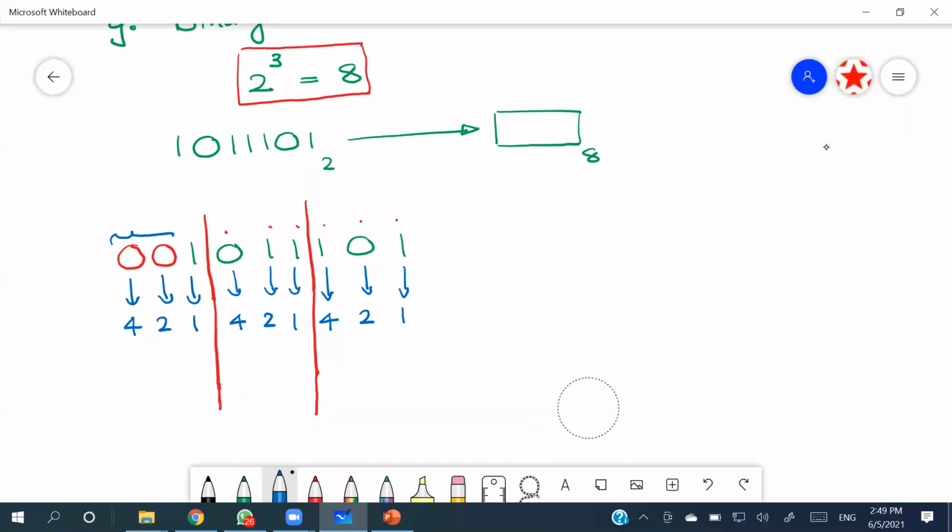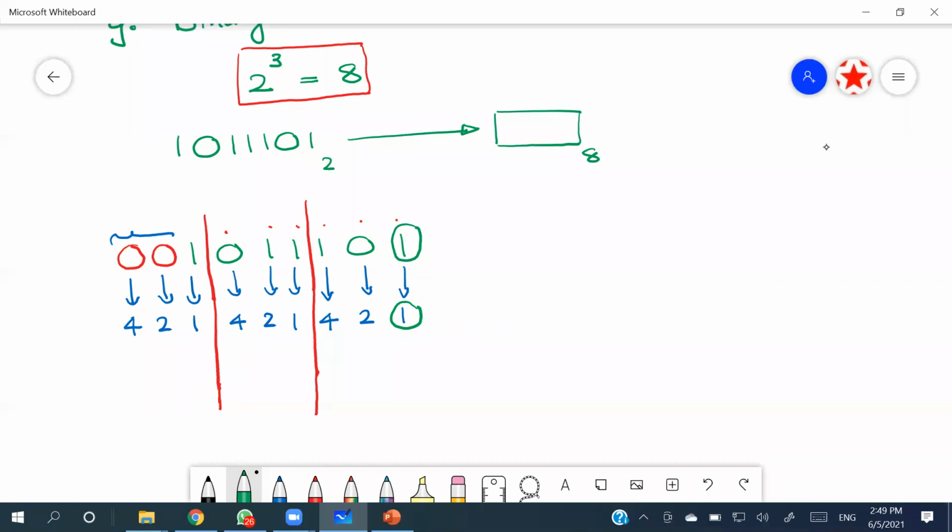So now what we have to do is, generally what we are doing is, we consider the place value and we multiply it with the corresponding symbol value, right? Now, since it is the binary number system, you can do what I'm saying.